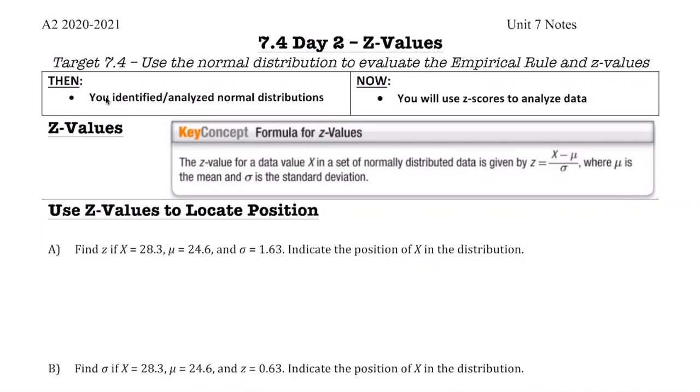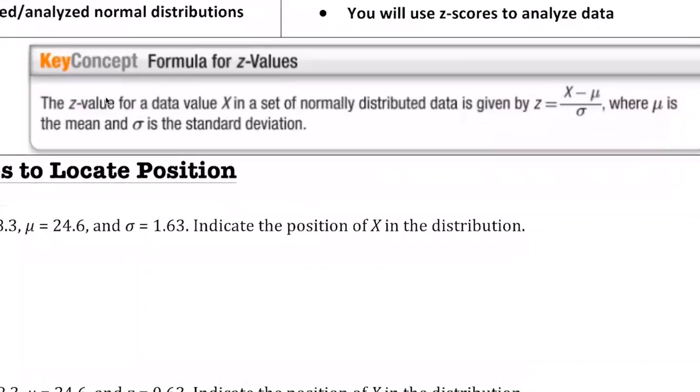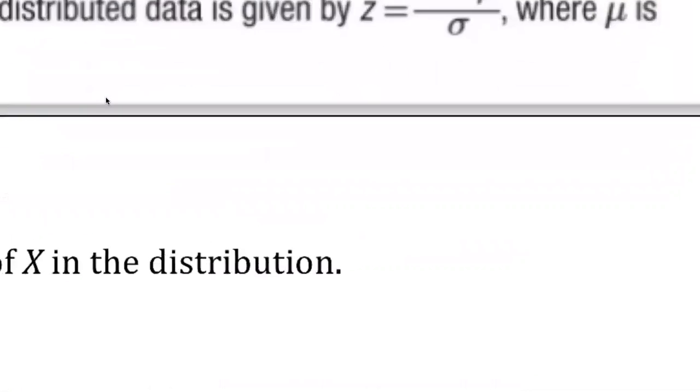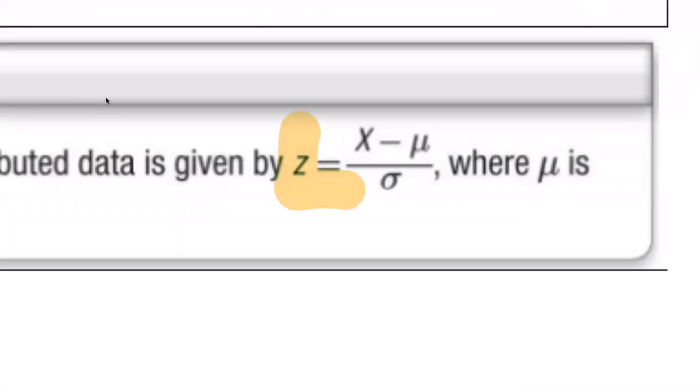Now, the calculation for a z-value, like I said, you don't need to know what it is particularly, but you do need to know what each of the pieces stand for. If you look at our formula right here, each one of these pieces is going to stand for something pretty specific. We have our z-value right here. That's going to represent something, and we're going to use that value tomorrow.